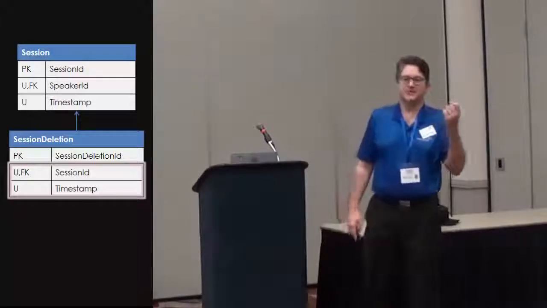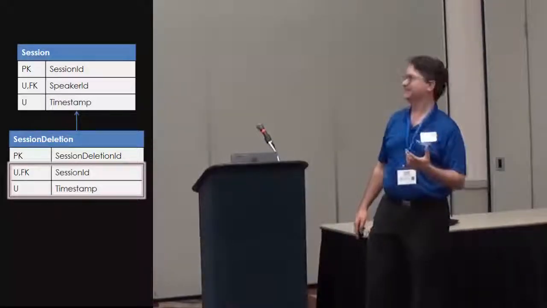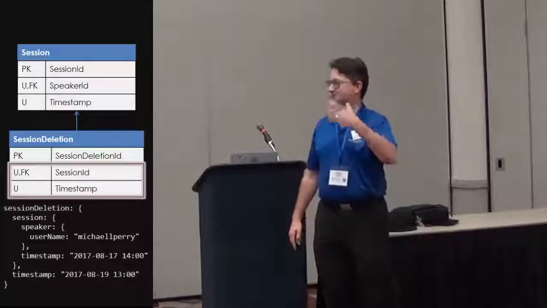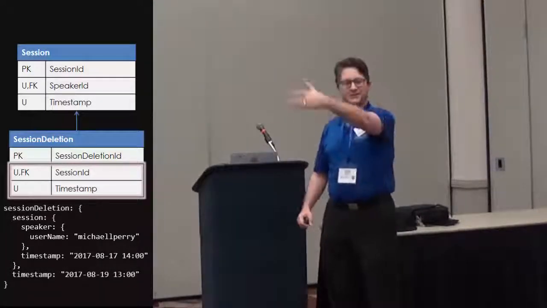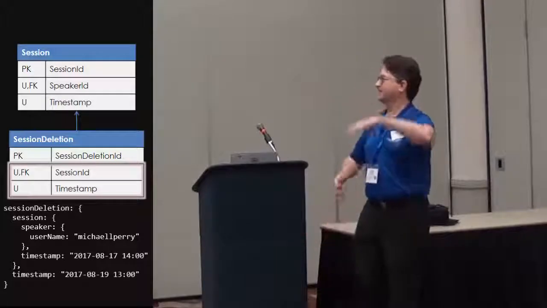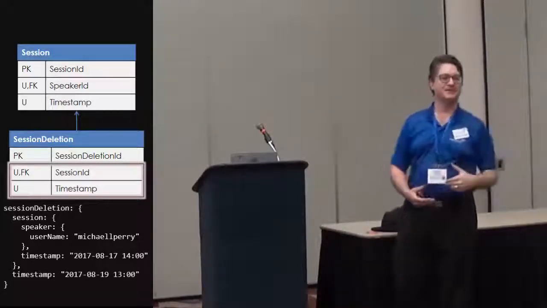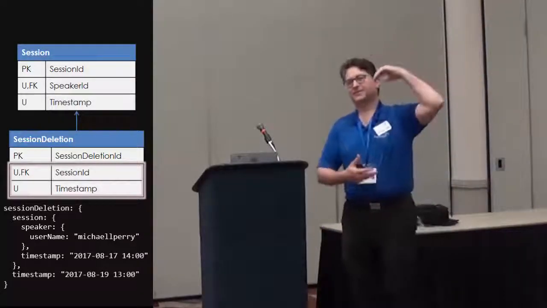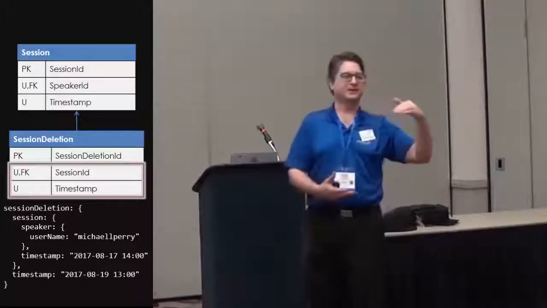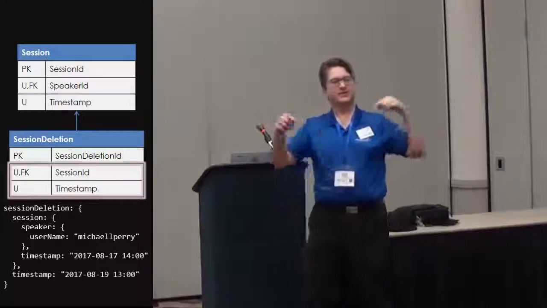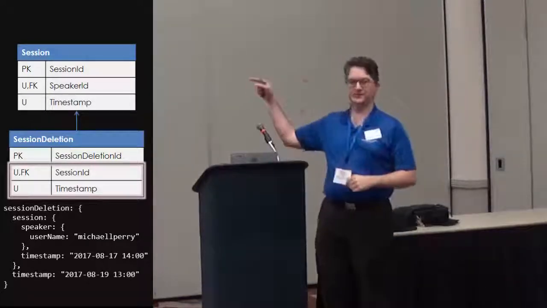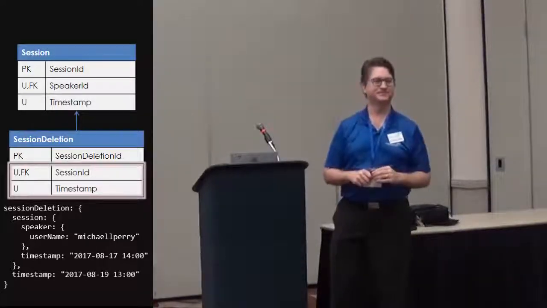Well, of course, session ID is not the identity of the session. So the session deletion now is the session whose user has the name Michael Perry, and this timestamp, and the session deletion has that timestamp. So that entire document is immutable, and no matter what internally generated IDs I came up with, that document identifies that particular session deletion.